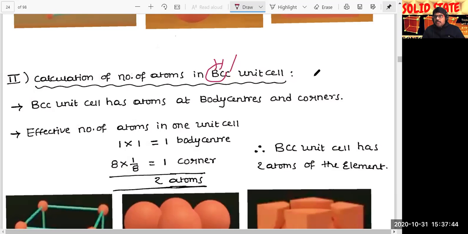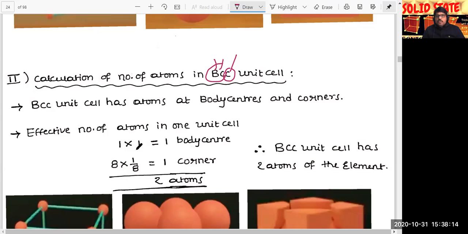But in general, I suggest the students remember it like this: the particles are present at the body center, and C is corner, but the actual full form is body centered cubic. So this indicates the basic crystal system, and this indicates the type of unit cell. Altogether, you can easily remember the particles are present at the body center and corner.